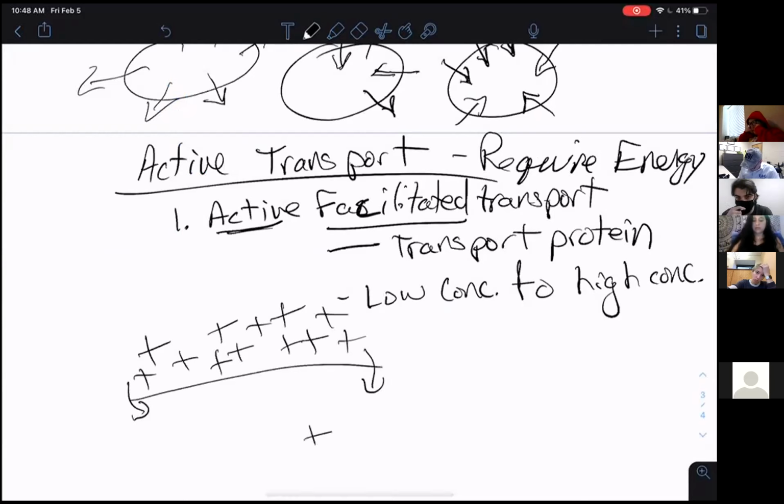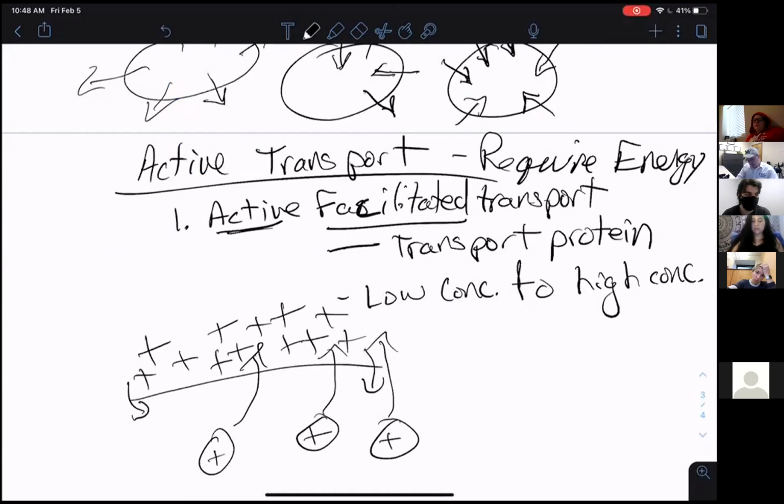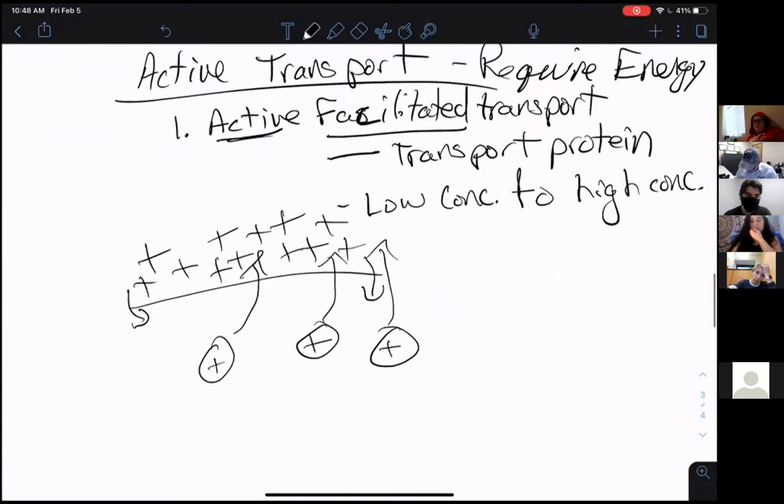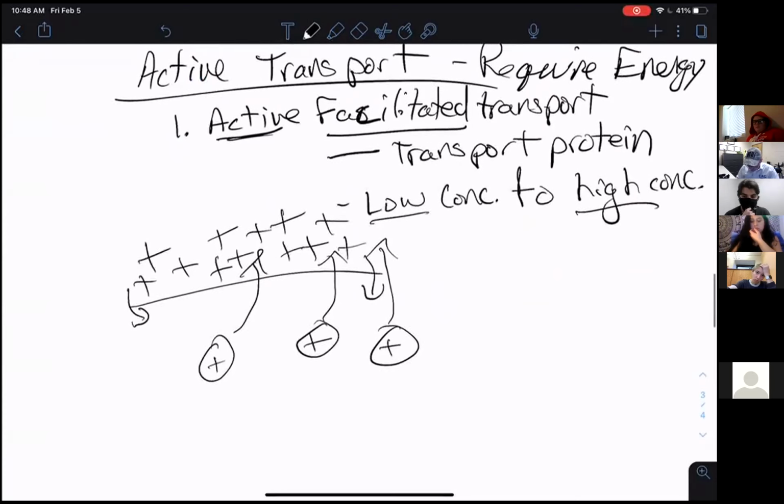But what if you cannot have any of this solute inside the cell? You're going to want to pump these guys out, and that's going to require energy, because you're going from low to high. So that's active facilitated transport, low to high. Really important to remember that.